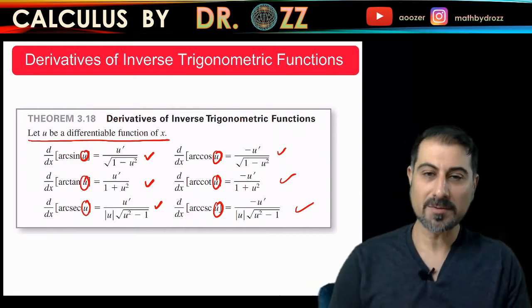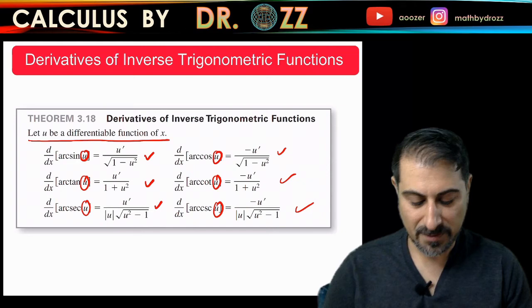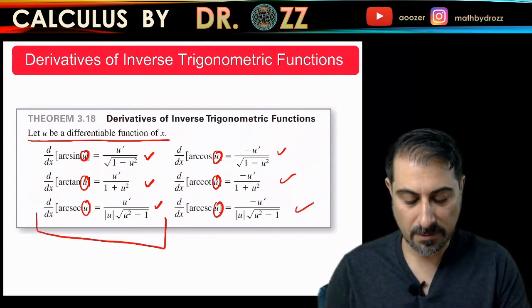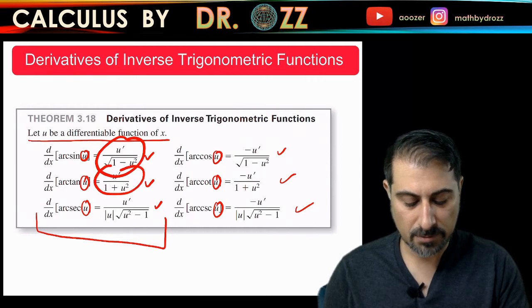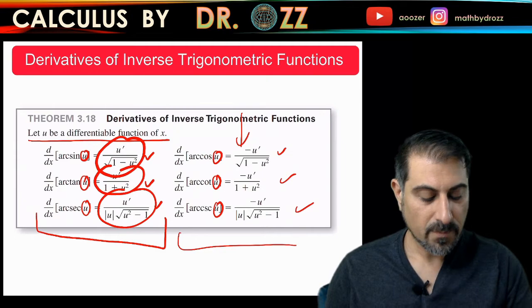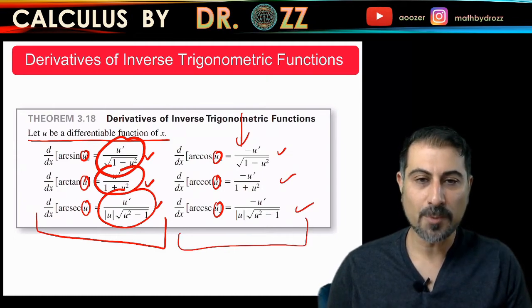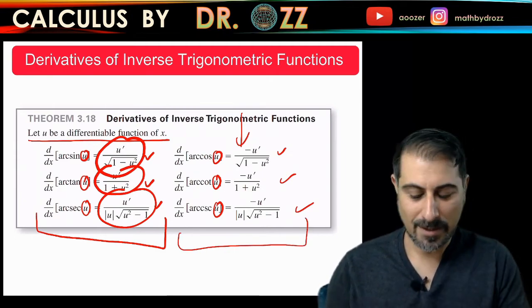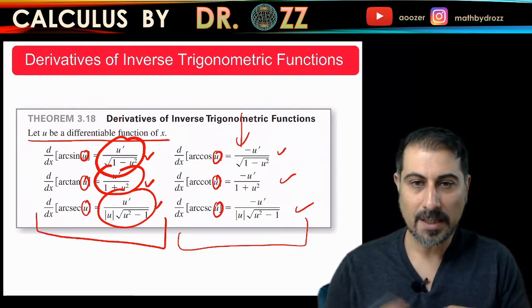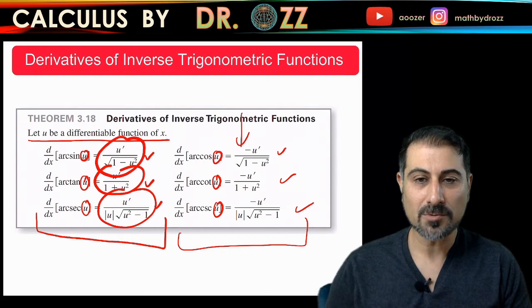And one other observation, just for your reference: look at the first column here. You have 3 different types of derivatives here. And on the right hand side, in the second column, you have all of those multiplied by -1. For example, the derivative of arc sine of u is u prime divided by radical 1 minus u squared.